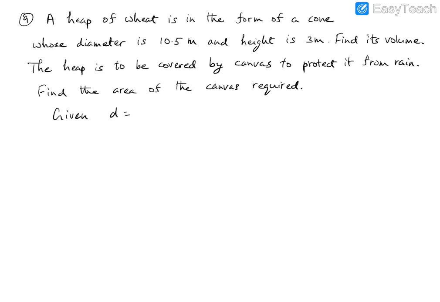So given d equals 10.5 meters, radius r will be d over 2. That's half of the diameter, which is 10.5 divided by 2. We can simplify that and we get 5.25 meters for the radius.